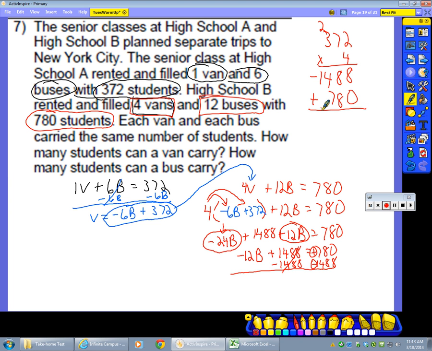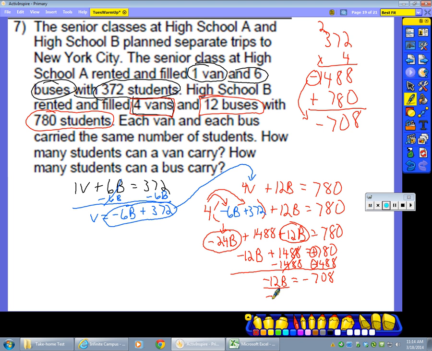I have to subtract them because my signs are different. 8 minus 0 is 8. 8 minus 8 is 0. 14 minus 7 is 7. And it's negative because I have more negatives. So this is a negative 708. Now I'm left with negative 12b equals a negative 708.